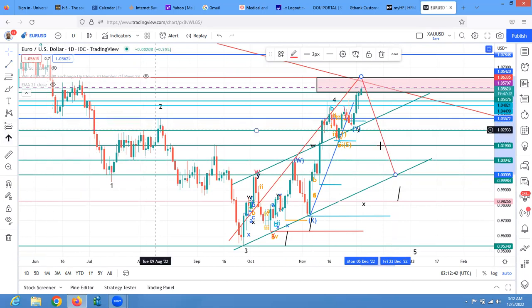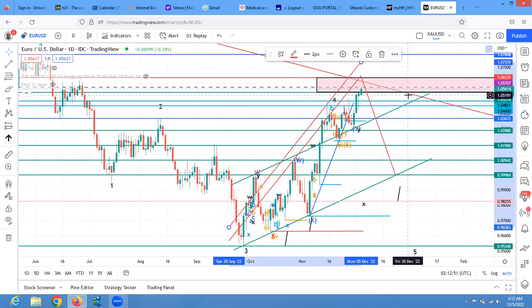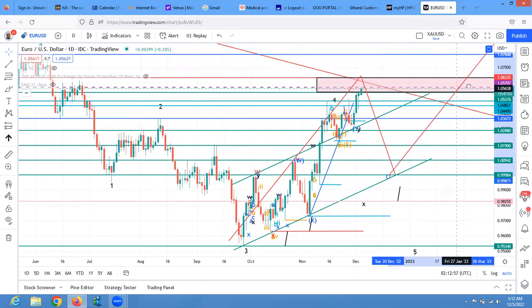Then before we now have another equal leg to the upside. So in that equal leg, we may now see this. We may now see this. We may now see that.